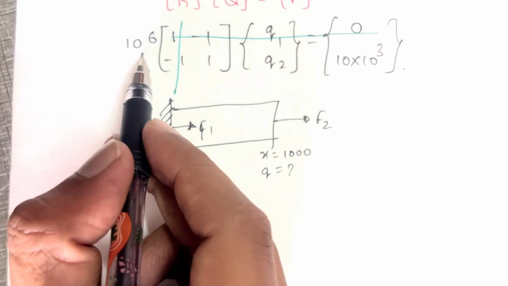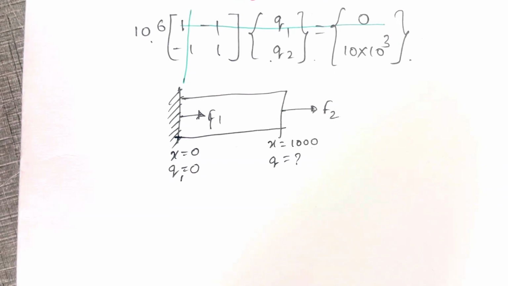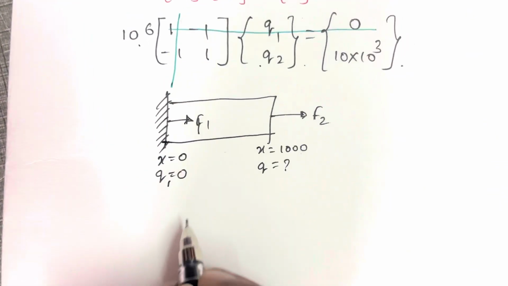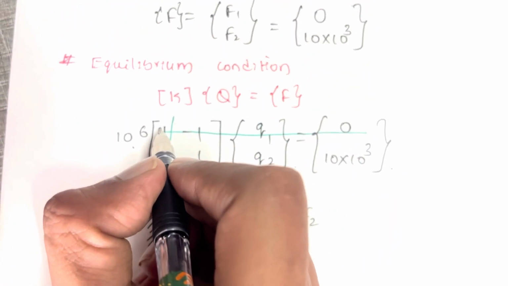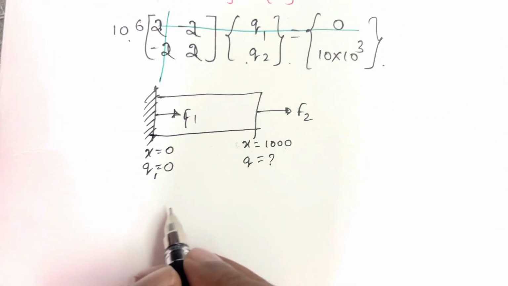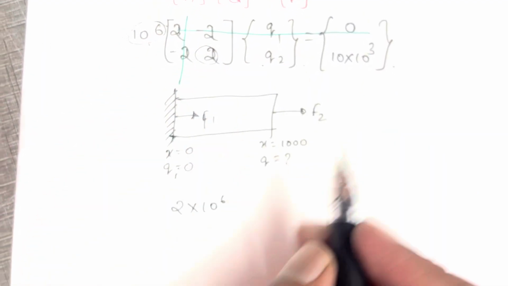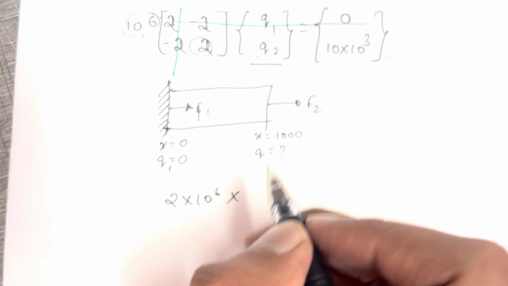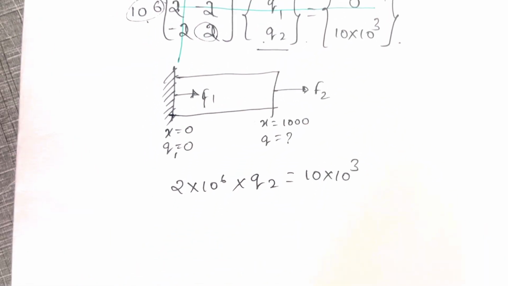Now I will write 10 raised to 6 into 1 into Q2, that is equal to 10 into 10 raised to 3. Okay, that is 2 into, here this is 2, right? So that 2 into 10 raised to 6, this into this, and into this Q2, that is equal to 10 into 10 raised to 3.